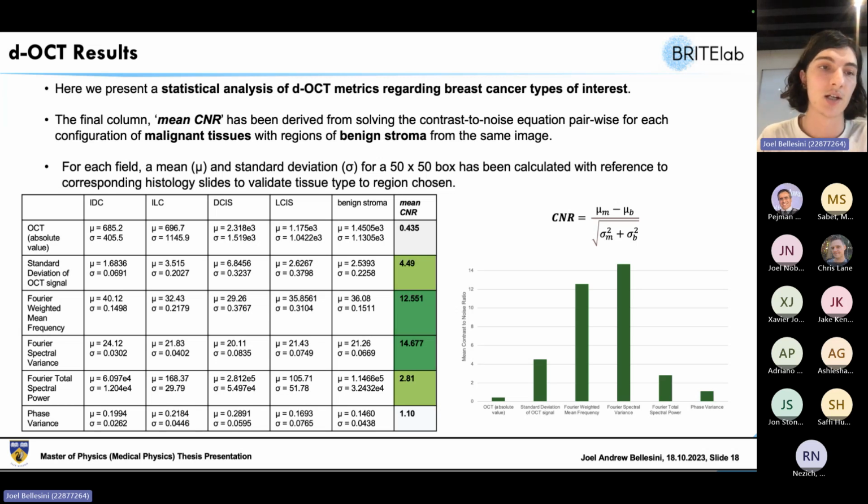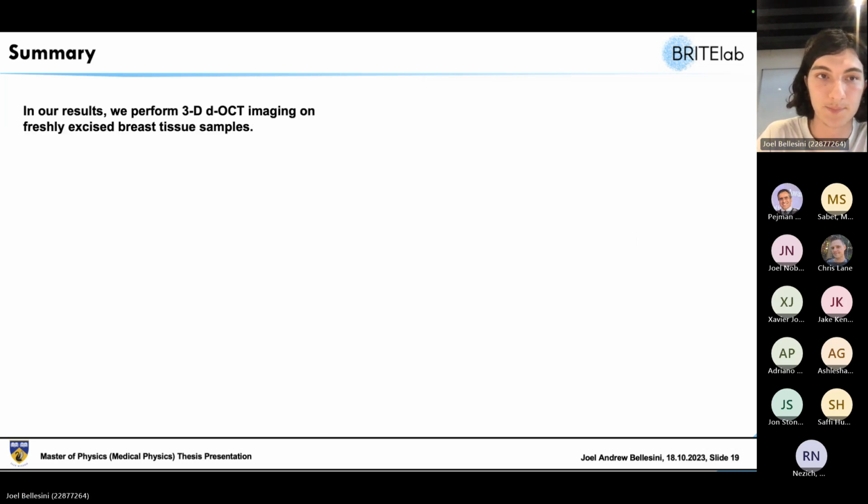So it's essentially a measure of how much each of these processing methods is able to extract contrast between benign and malignant regions over a given size of a box. And what we can see is that our Fourier-based metrics, namely the Fourier weighted mean frequency and Fourier spectral variance, are the strongest in bringing out this contrast between benign and malignant regions, as opposed to the OCT standard deviation or the phase variance in this case.